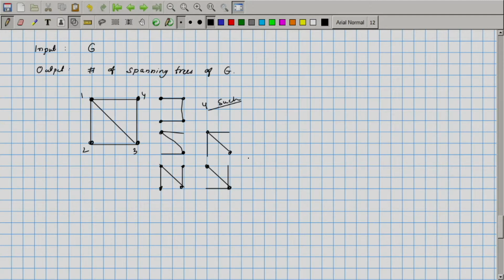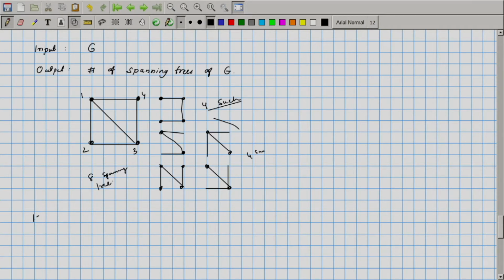So, there are 4 such as well. So, in total there are 8 spanning trees. Here we had enumerated them and one can verify that there are no more. So, it looks like you will have to try many possibilities and check if it is a spanning tree and so on.